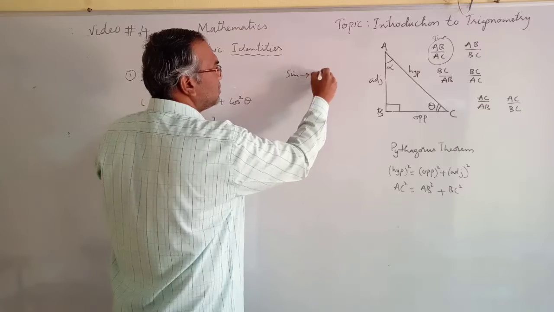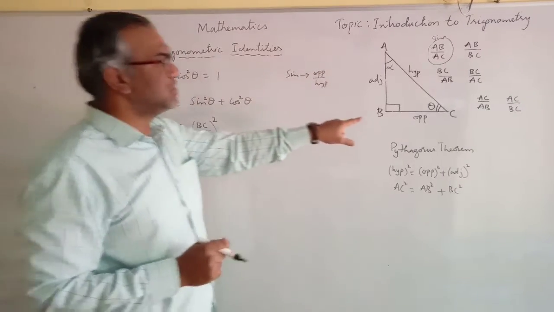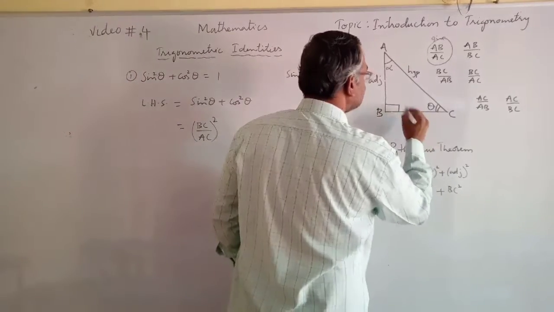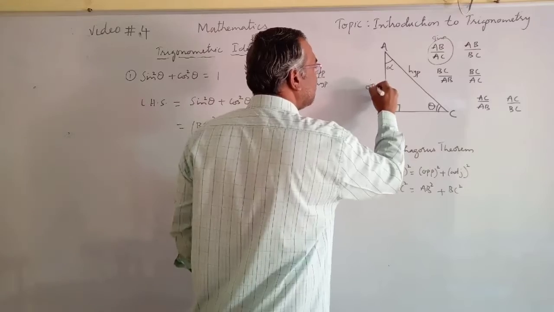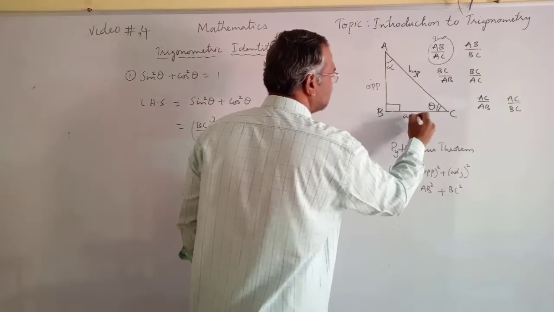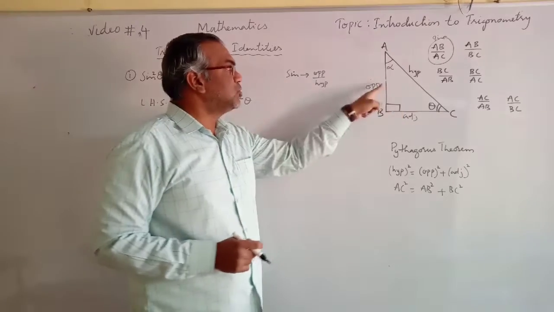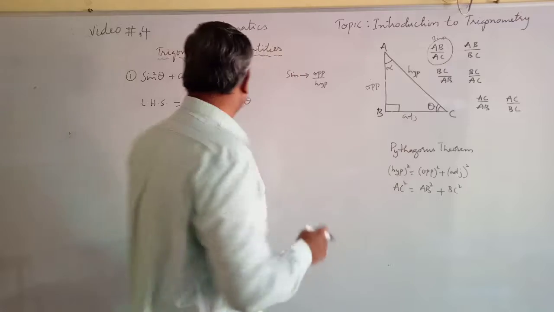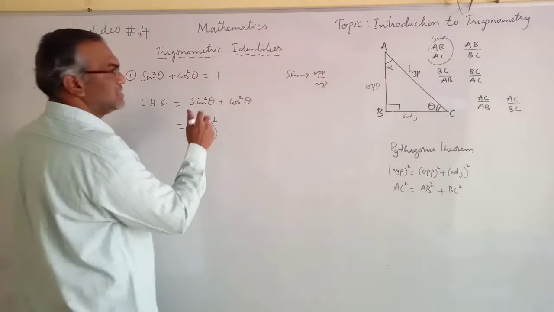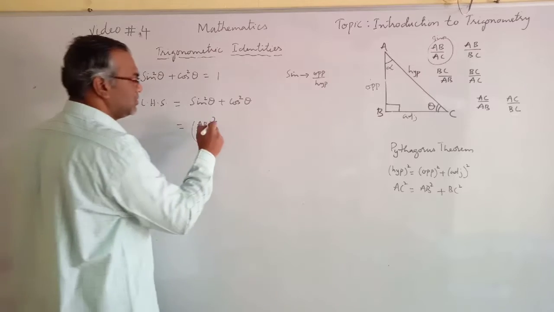Now we are taking theta. With respect to theta, this will be opposite and this will be adjacent. So this is not BC, but it is AB divided by AC, opposite divided by hypotenuse.